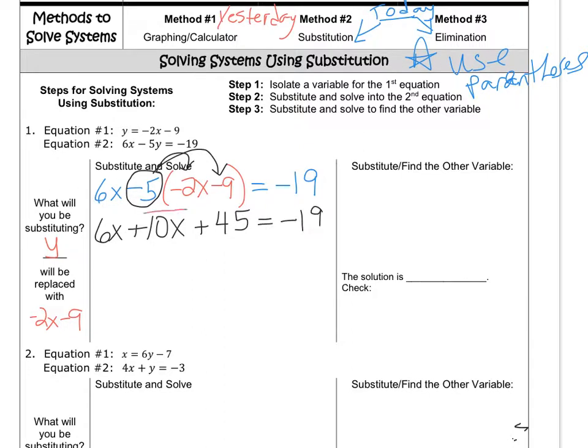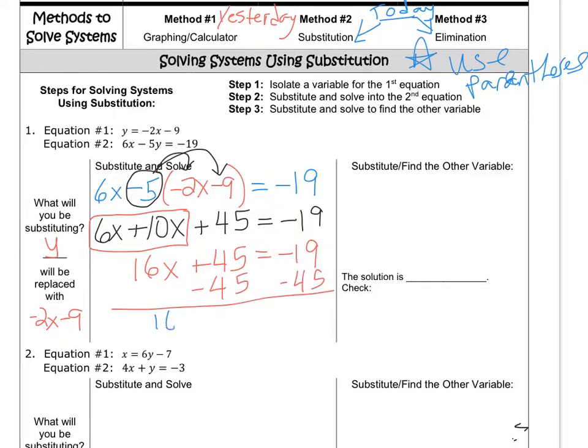Now I have two like terms, my 6x and my 10x, so I can combine them. That's 16x plus 45 equals negative 19. I'm going to move my 45 over, and I've now got 16x equals negative 64. When I divide both sides by 16, I get x equals negative 4.